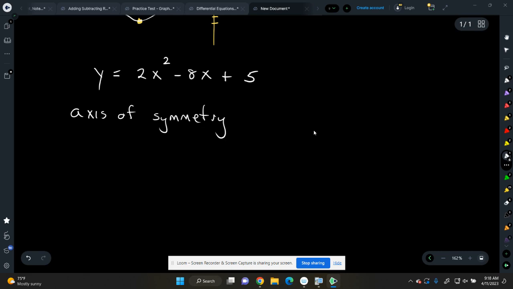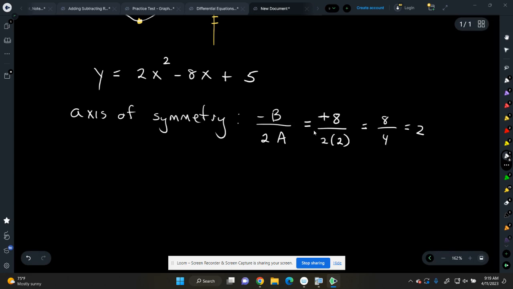Wouldn't it be like -2? Negative b over 2a. All right. So it's 8 on the top, positive 8 on top because this is a negative. So it would be negative -8, which is positive 8, over the bottom, 2 times 2. Yeah, 4. We get 8 over 4, which is 2.